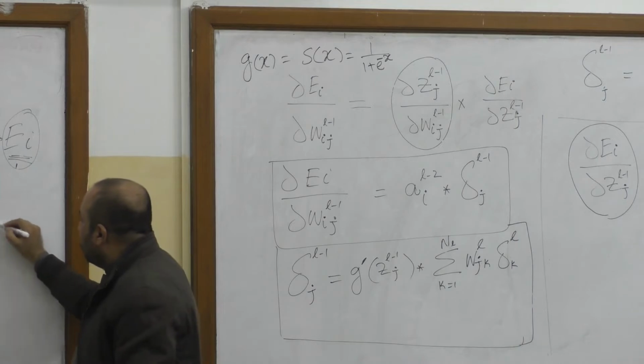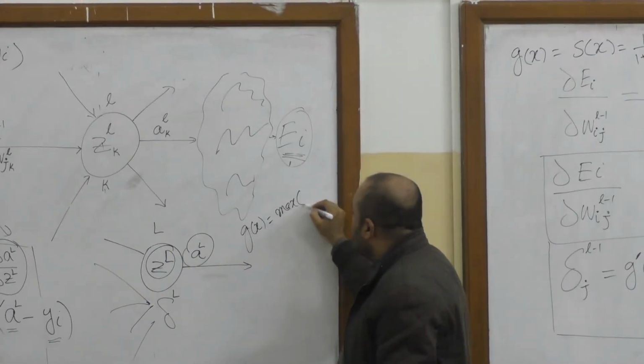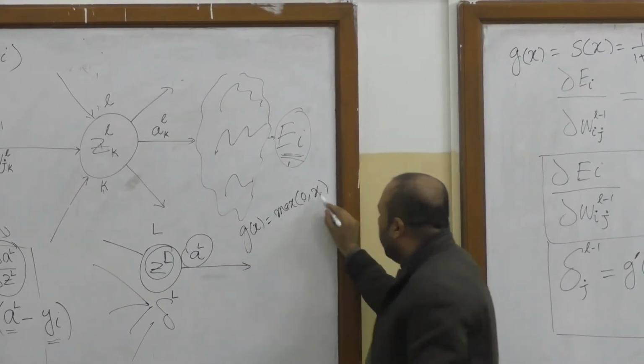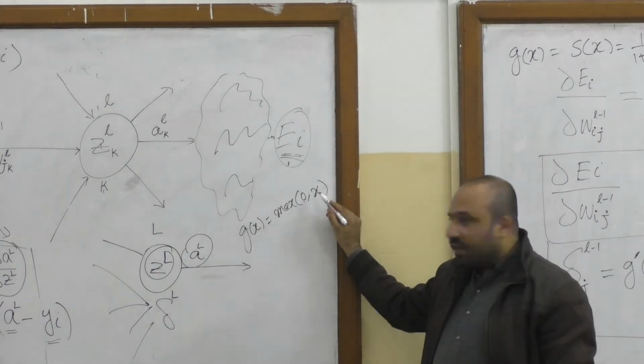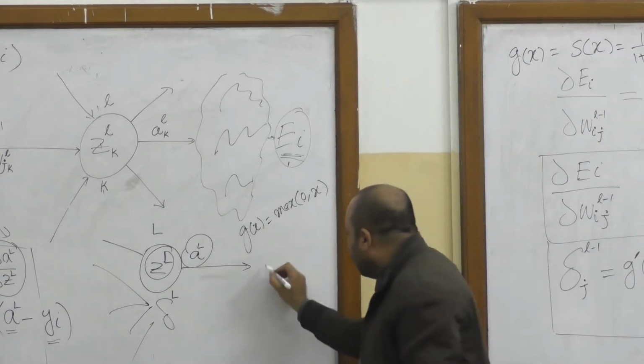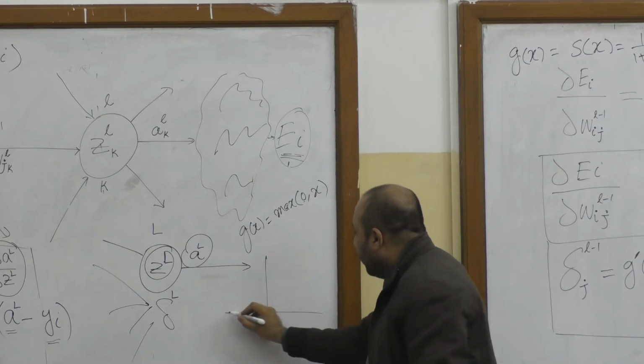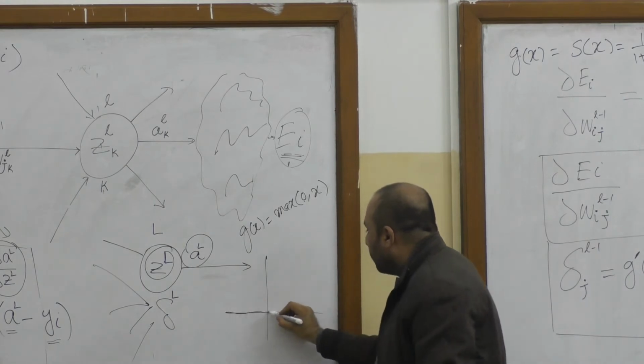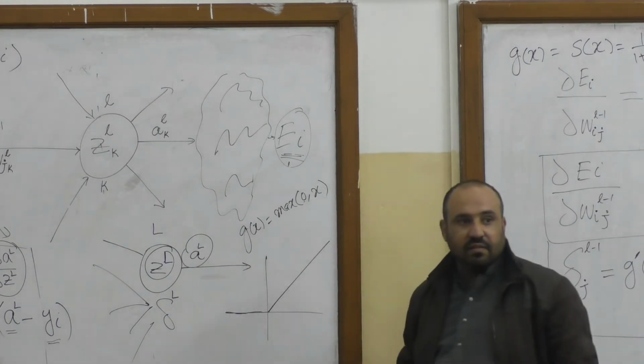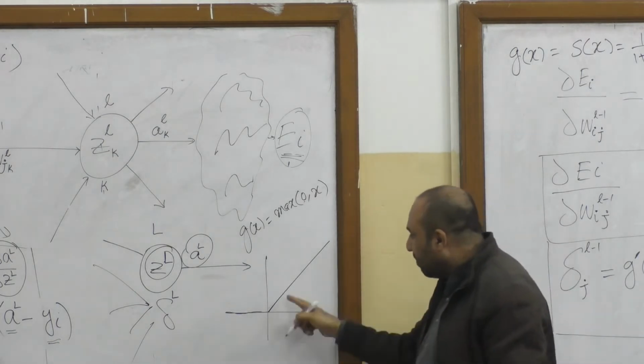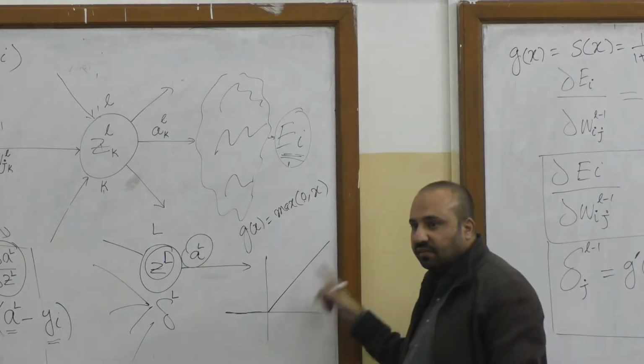G of x is equal to max of 0 and x. So of the two, whichever is the max is the output. If you look at this function, it is 0 everywhere and then it goes like this. It is linear but rectified linear.